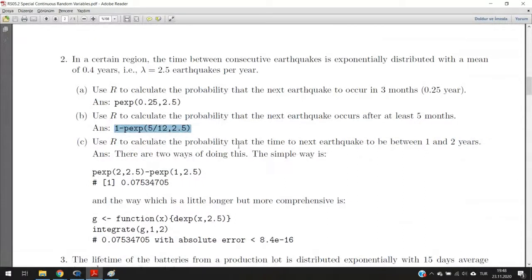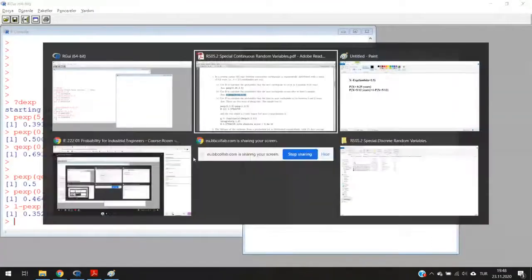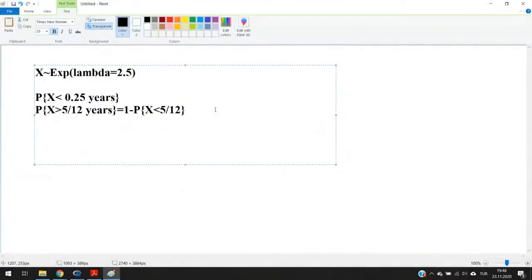Now, let's just say somebody has asked us the probability that the time to next earthquake to be between 1 and 2 years. Now, this is calculated as what? The simple way to calculate this is the probability of x to be between 1 and 2, right?